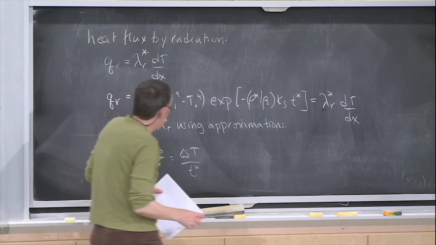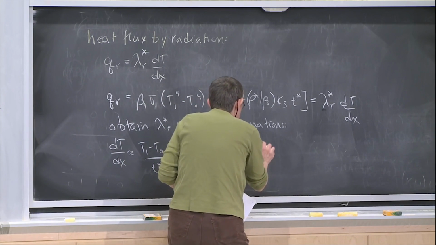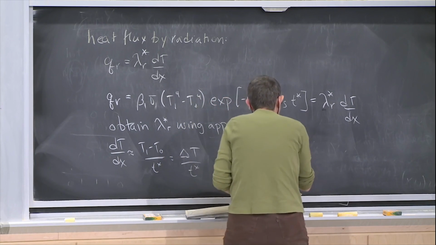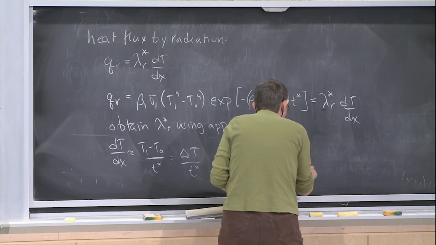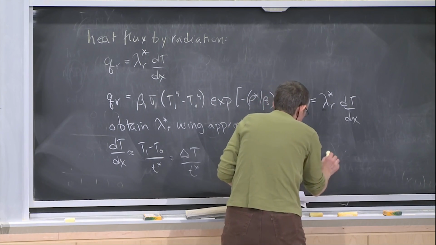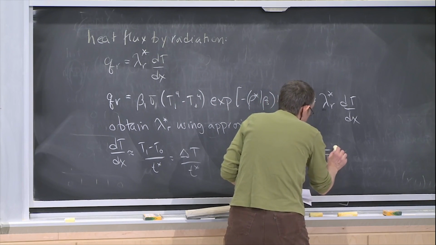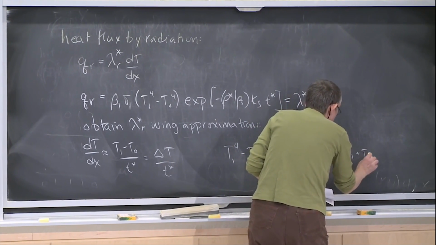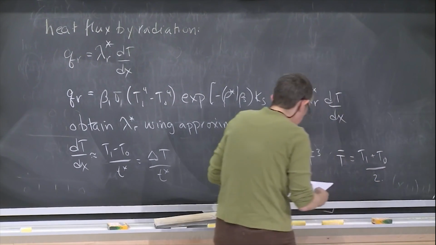And then the other approximation I'm going to use is that T1 to the fourth minus T naught to the fourth is equal to 4 times delta T times the average temperature cubed. So here T bar is the average temperature, T1 plus T naught over 2.